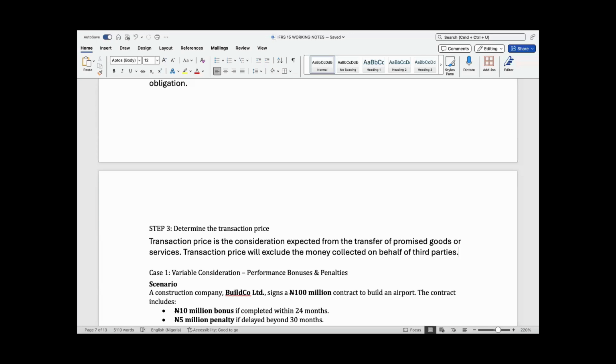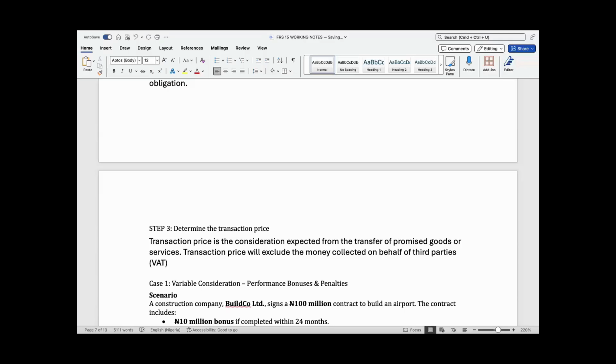So any money that you collect on behalf of a third party, like VAT, you don't include it as part of your transaction price. And transaction price is like the revenue, the amount that you recognize as revenue. So we don't recognize VAT as part of that.